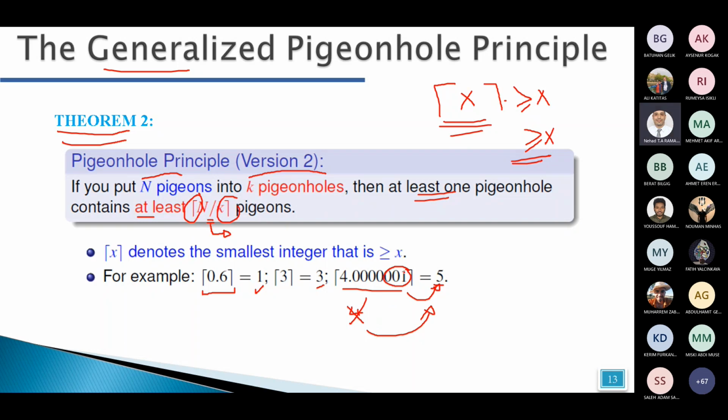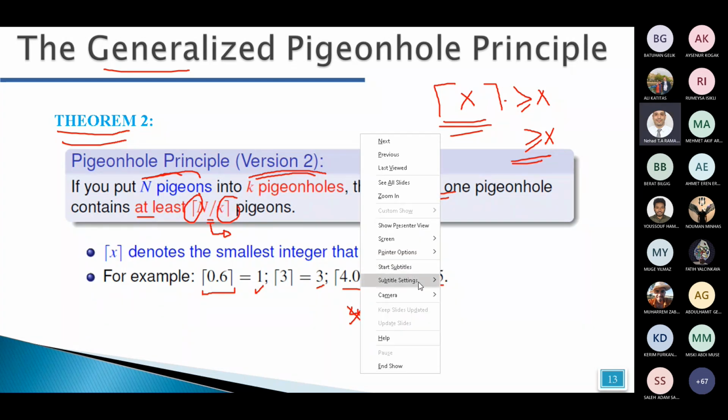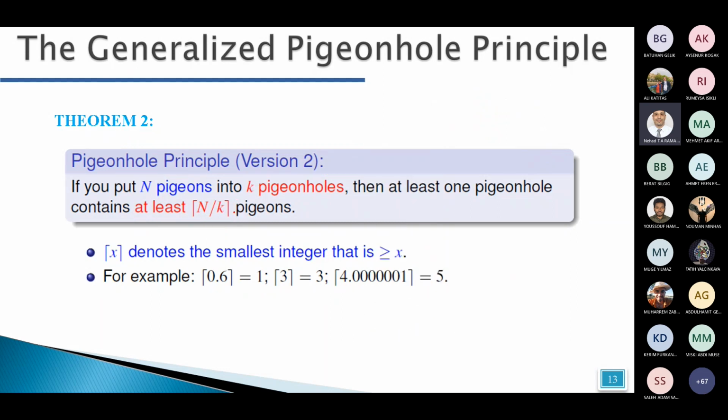So this is the rule. If you have n objects that you want to distribute into k pigeonholes or k boxes, then at least one box or one pigeonhole has n divided by k, but we need to take the next integer value without a fraction.